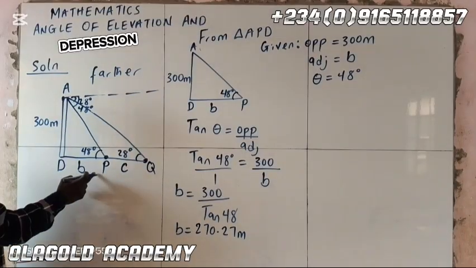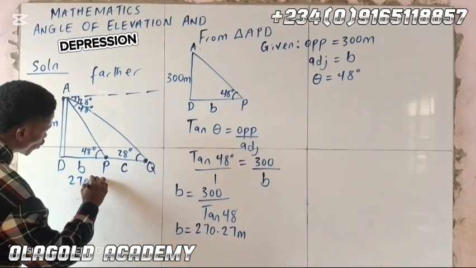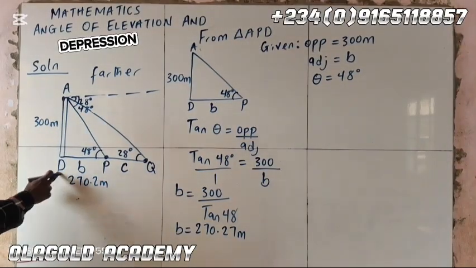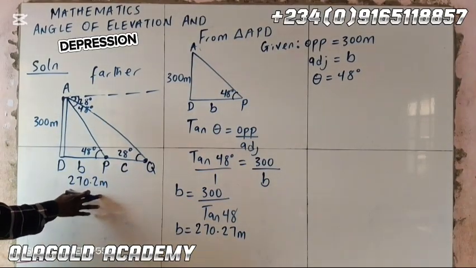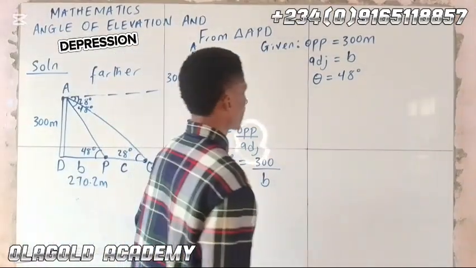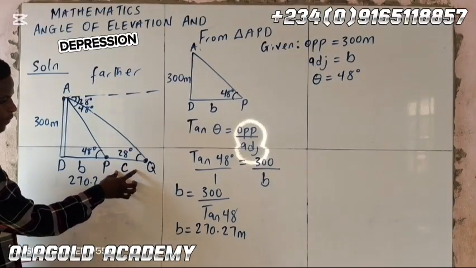So from here to here is 270.27 meters. That is my distance from D to P. My next task is now to get CA.